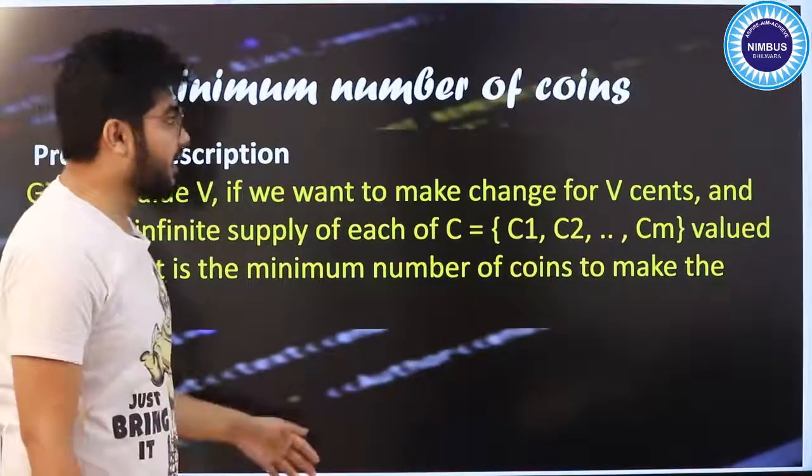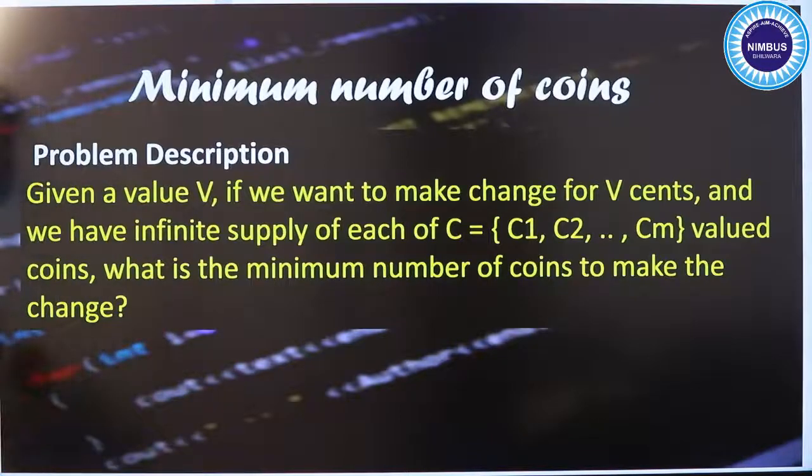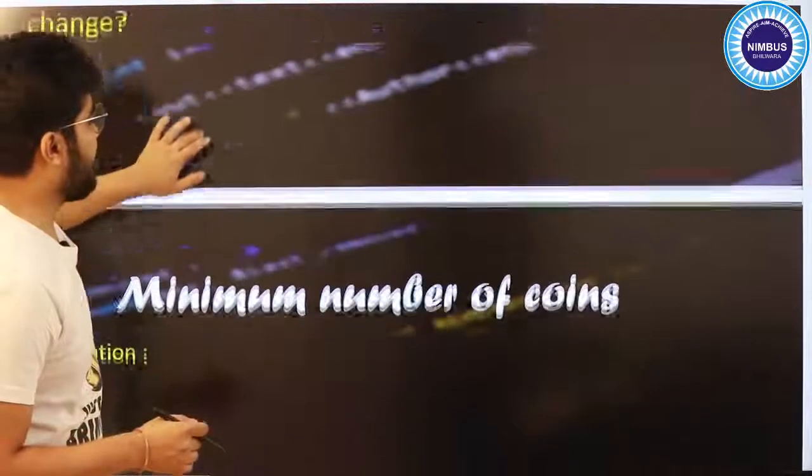So the template question is minimum number of coins. Problem description: given a value v, if we want to make change for v cents and we have an infinite supply of each of the denominations c1, c2, ... cm valued coins, then what is the minimum number of coins to make the change? That's pretty simple.